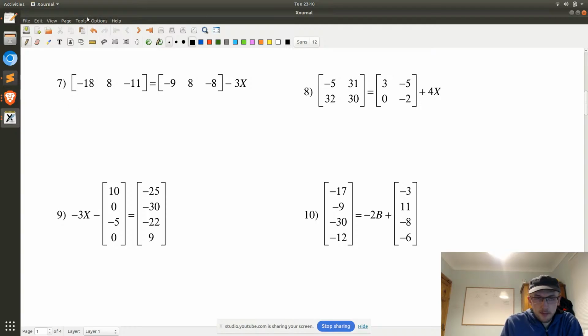Okay, so now eight minus 8 is 0, so 0 minus 8 plus 11 is 3, so 1.